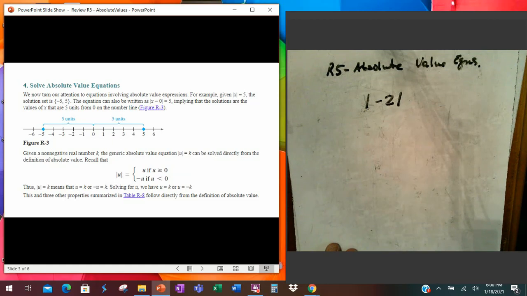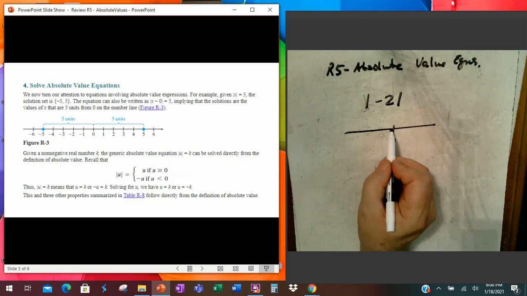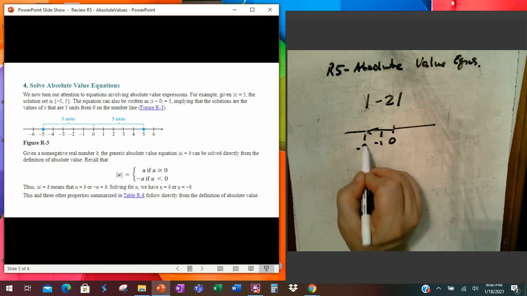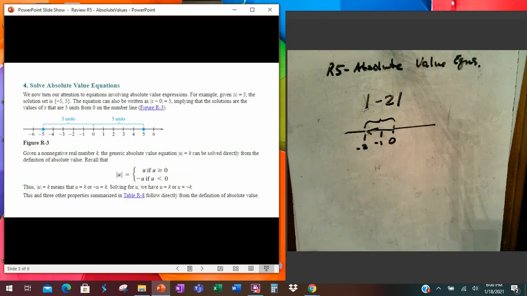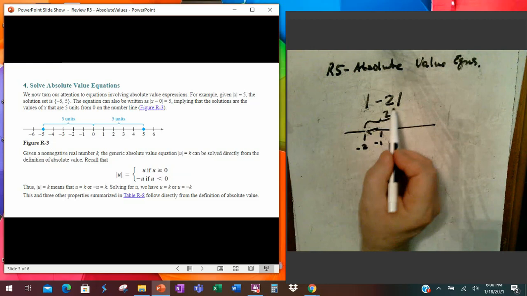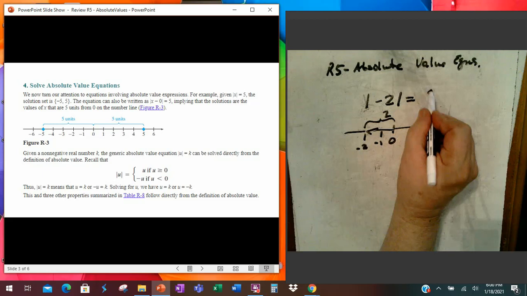So I have the absolute value of -2. What we're saying is, from 0, what is the distance? Here's -1, here's -2. What is the distance between 0 and -2? Well, the distance is 2. If we're not really concerned about the direction, and all I'm worried about is the magnitude, this thing is just 2.